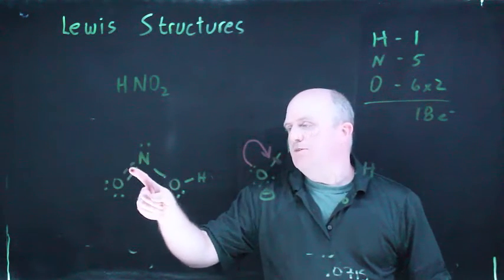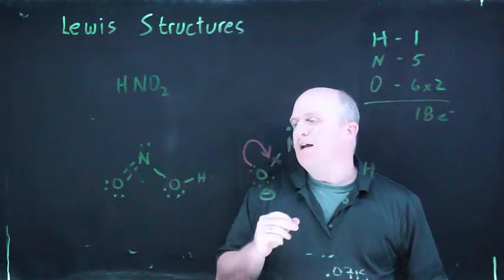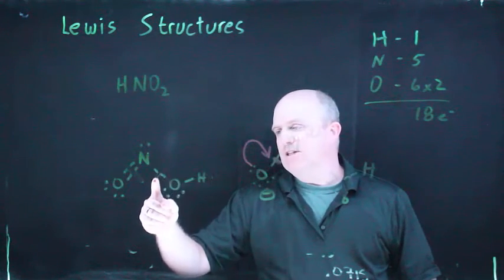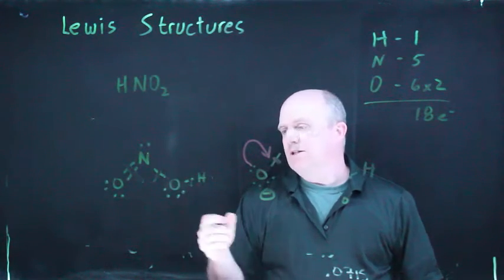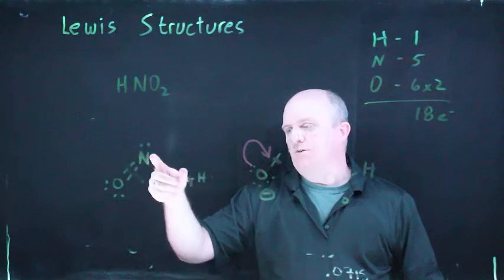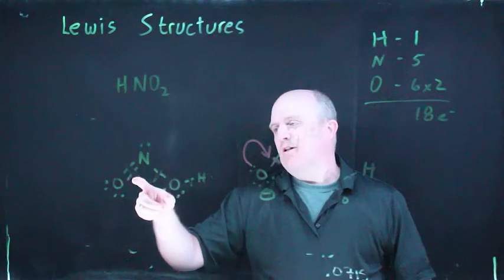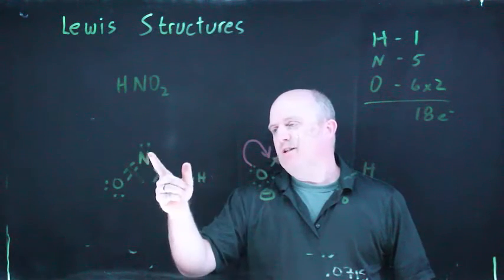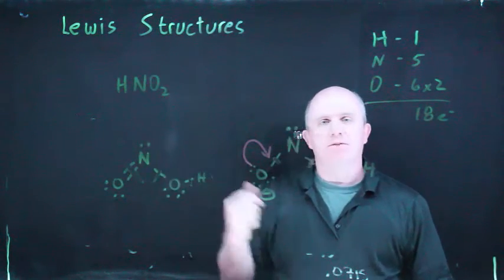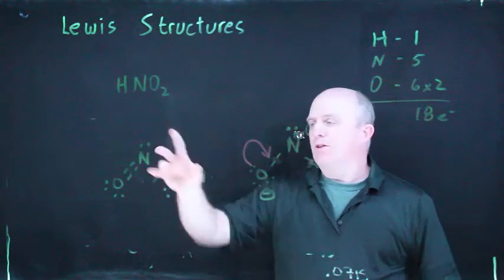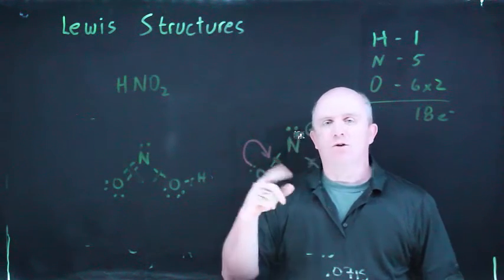And again, what I like to do is mentally divide up any bonding pair of electrons into their separate components. The oxygen gets 1, the nitrogen gets 1, the oxygen gets 1, the hydrogen gets 1. This oxygen gets 2, 1 from each bond, but the nitrogen gets 2, 1 from each bond. That's the way I do it mentally. So each one of those shared pairs gives 1 to each atom.